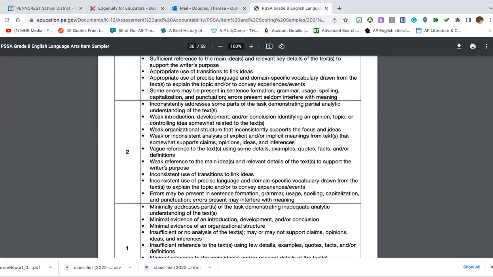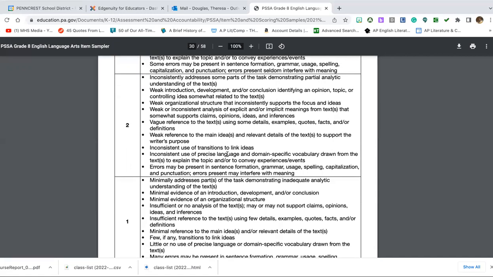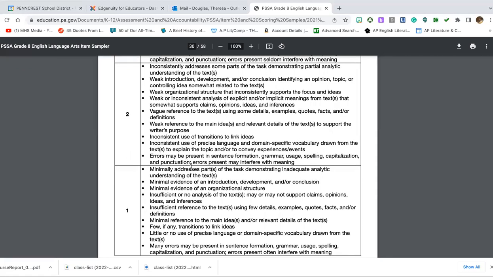It's inconsistently supporting the ideas, or it's weak and inconsistent analysis of explicit or implicit meaning from the text. It has vague references to the text, uses some details and examples and quotes, or a weak reference to the main ideas and relevant details, and it has inconsistent use of transitions to link ideas, or inconsistent use of precise language and domain-specific vocabulary. And there could be quite a few more errors present in sentence formation, grammar usage, spelling, capitalization, and punctuation.